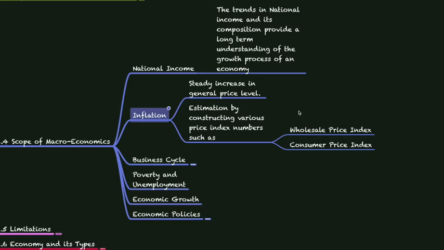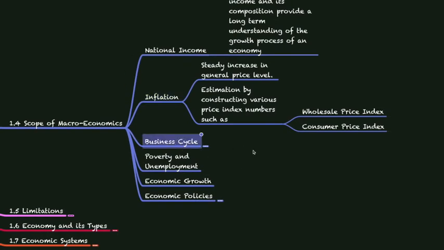So this is what is called inflation. It's the steady increase in general price level in each and every year. We'll be studying different types of inflation in the coming chapters. Okay, and inflation is studied by constructing various price index numbers such as wholesale price index and consumer price index.